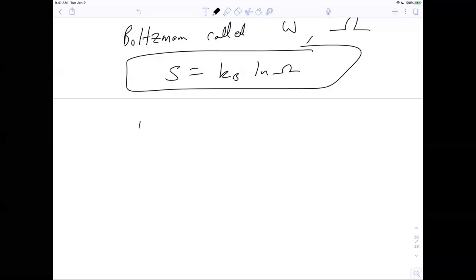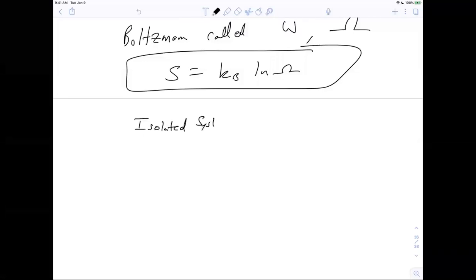And so for isolated systems, i.e. the universe, we have a few definitions and expressions for the entropy. So the first one we ran across, and I'll write all of these in terms of either dS or S, depending on how we formulated them.